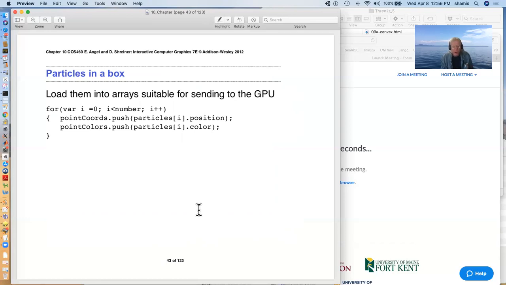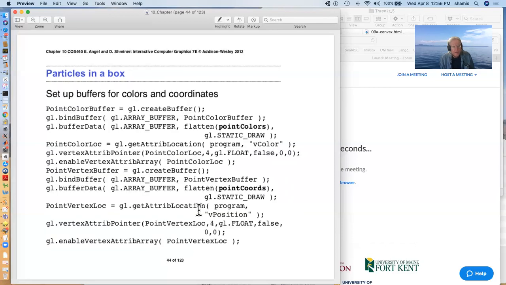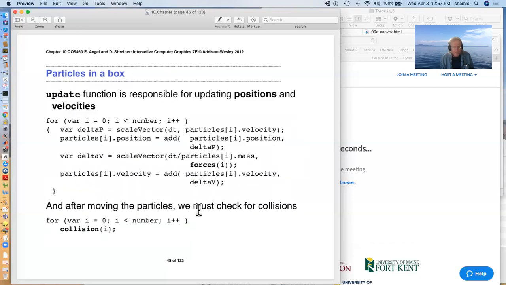This is following our author's way of doing this. It's possible to do in 3JS as well. Just a rough draft of particles in a box, particle coordinates, forces, dealing with collisions.